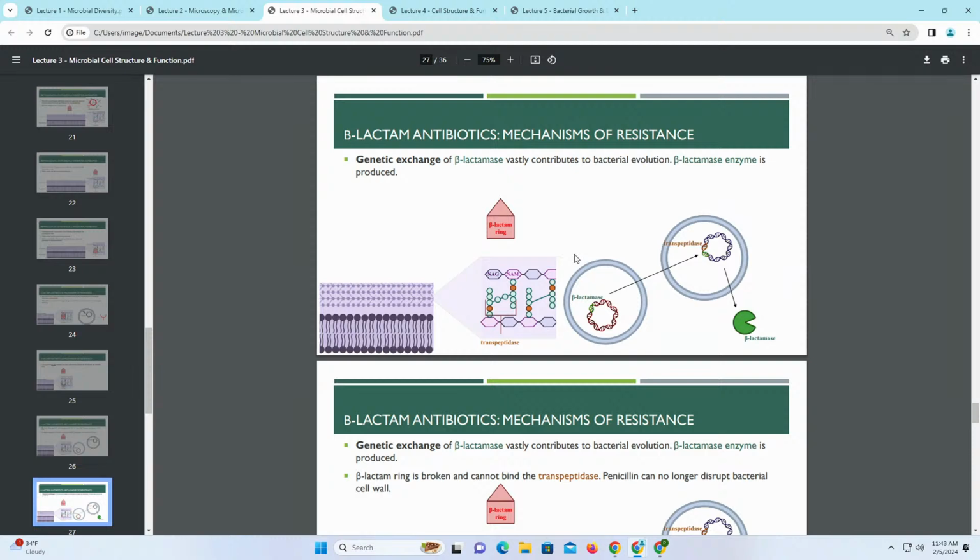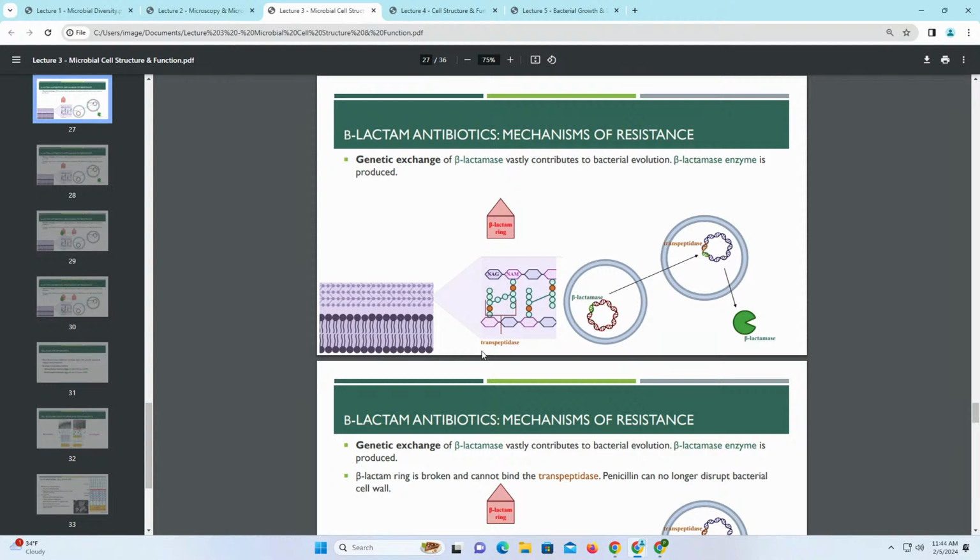The beta-lactamase can then be shared here where this transpeptidase was, and so now this cell, this is the DNA, is going to express an enzyme that's going to come out and be a beta-lactamase. It's this Pac-Man molecule because it helps to break things down.